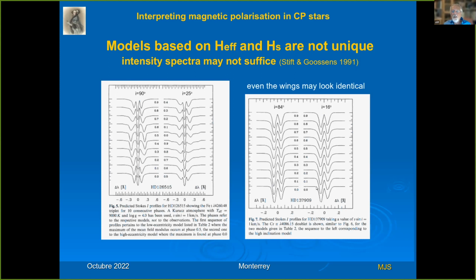But for example, in the case of Beta Coronae Borealis, completely different models give more or less the same good fit to the wings. So you need more information to get a unique model.